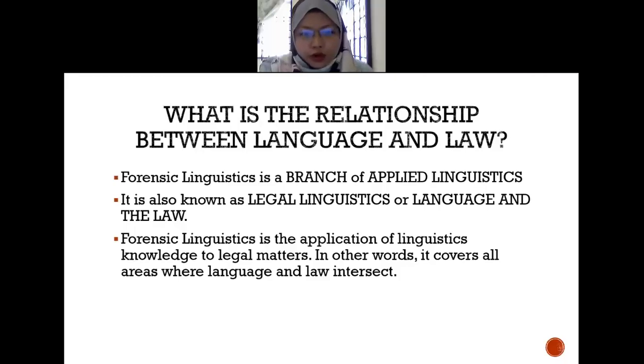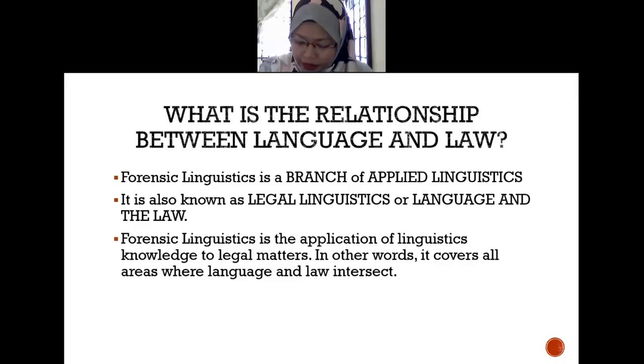Forensic linguistics is also known as legal linguistics or language and law, and basically it's the application of linguistic knowledge to legal matters. In other words, it covers all areas where language and law intersect.